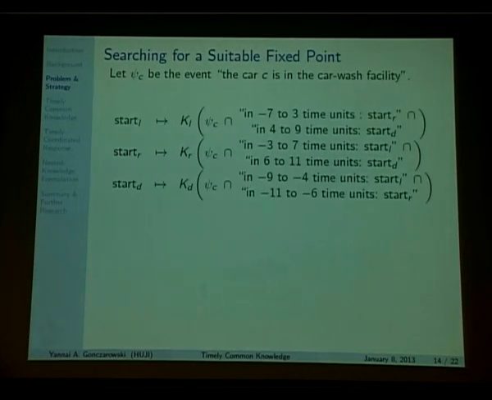What can we do? We can write 3 more lines. The line for L: when it starts, it knows that the car is there, and within certain time constraints, R and D will start.